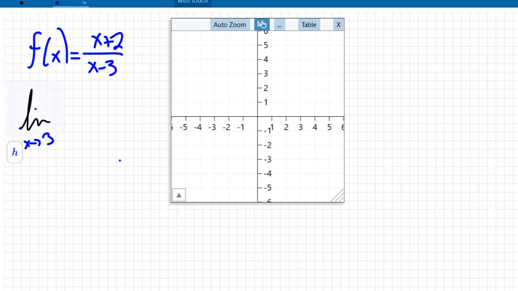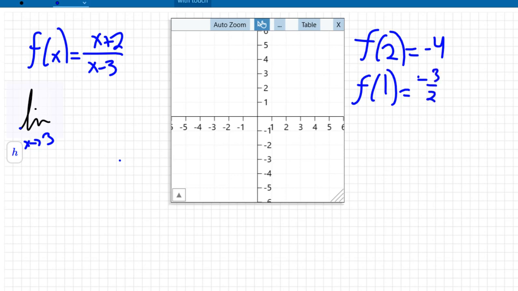So we'll do 2, for example. X equals 2, so we'll get the function of 2 equals 4 over -1, so it would be -4. Function of 1, that would be 3 over -2, so it would be -3 halves. Function of 0, that would be -2 thirds.